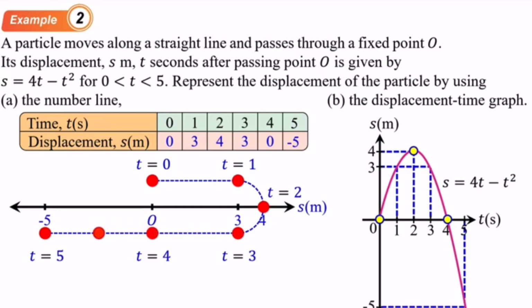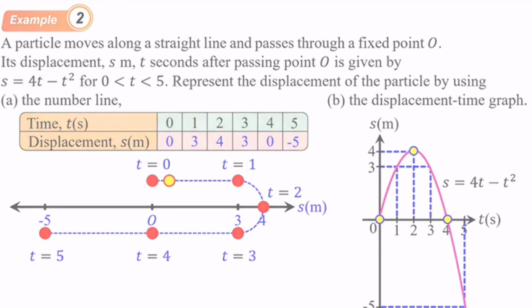And when t equals 5, the particle is actually at negative 5 meters, right? So the particle moves from time to time following the direction.